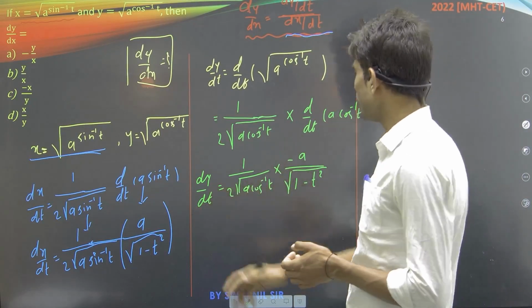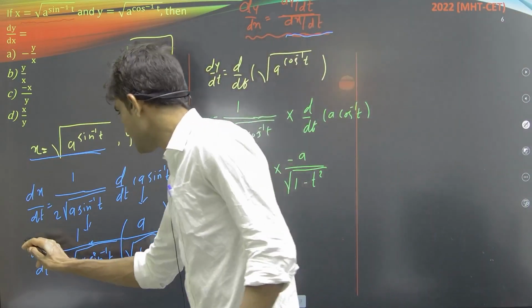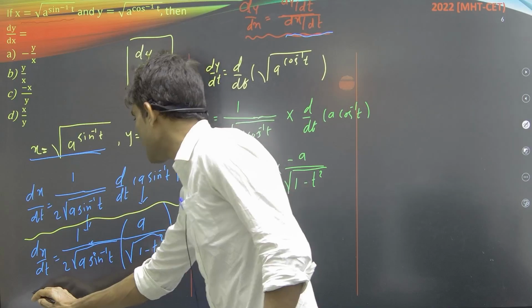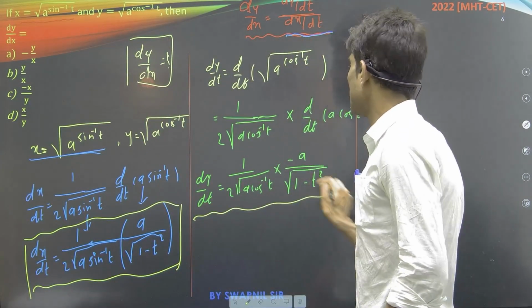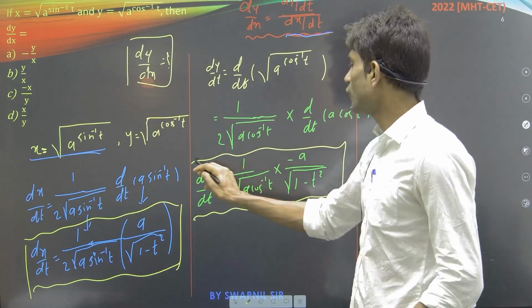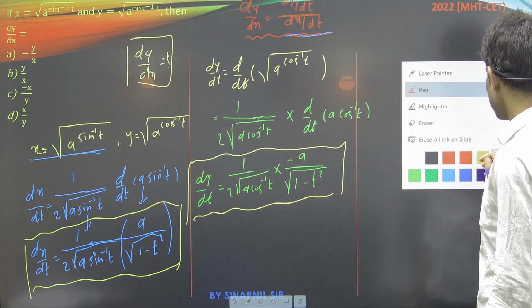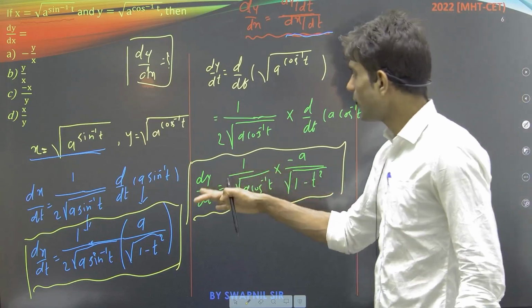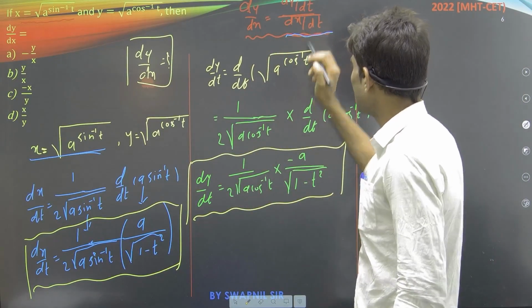So I found the value for dx by dt, as well as the value for dy by dt. For finding dy by dx, apply parametric differentiation. Now what we want here is dy by dx, and dy by dx can be written as dy by dt upon dx by dt.